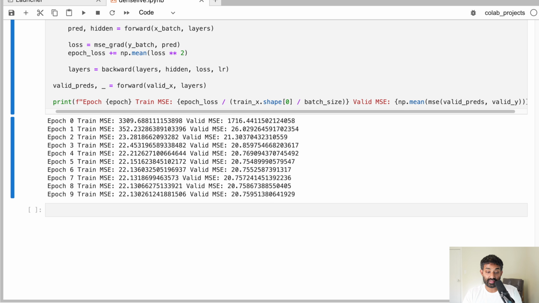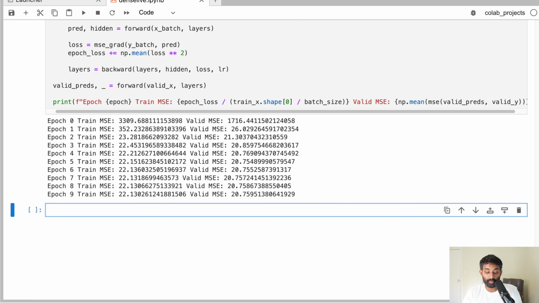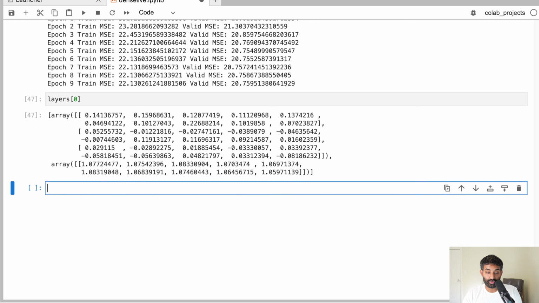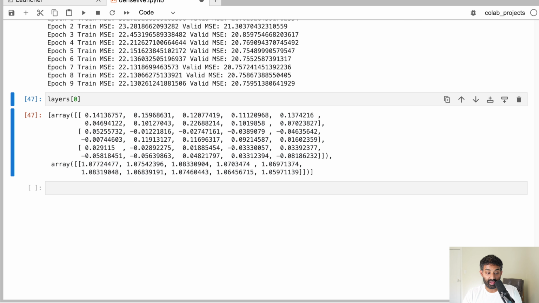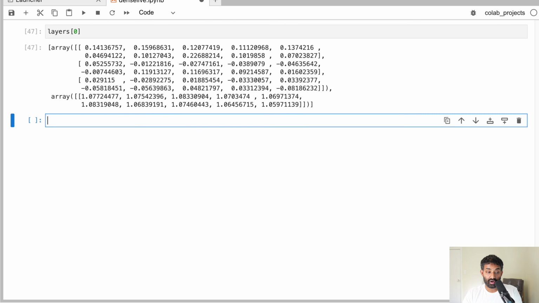But after we run this network, we can actually take a look at some of our parameters. So we can take a look at the parameters for our first layer, our weights and our bias. We can also measure our error across the test set. So we can say prediction. Actually, I don't need the hidden states here. So say forward test x layers.